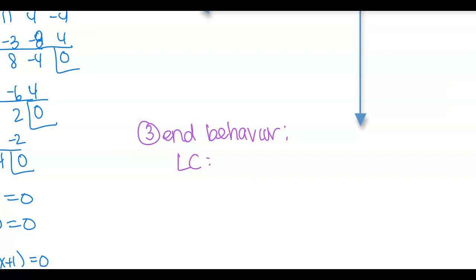Positive or negative? This is a +2, and what's the degree? So if you think back to the other page, what does that mean for your end behavior? What's going to happen? You can flip back if you need to. Okay, so it's going to go down, then up. So we're going to put down, then up.